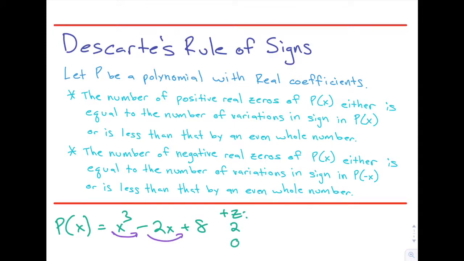So we could have 2 or 0. If we plugged in negative x, p of negative x would equal negative x cubed plus 2x plus 8. And since that has just one sign change, for negative zeros we would expect 1, and that's it. So we would definitely expect to get a negative real zero.